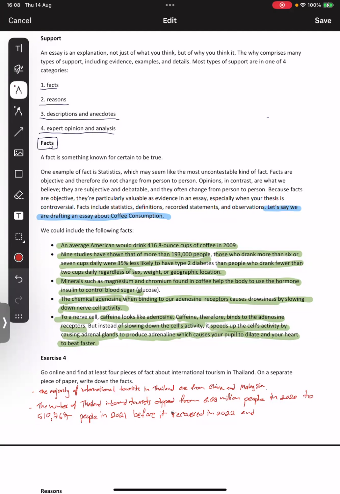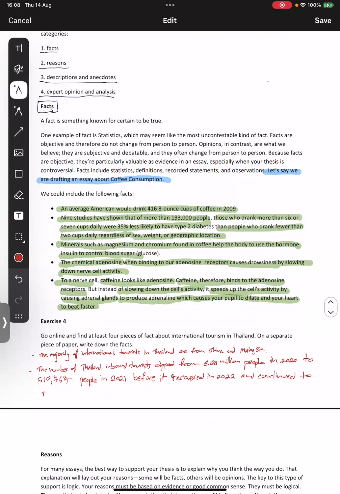It recovered and continued to rise significantly until 2024. That's it.